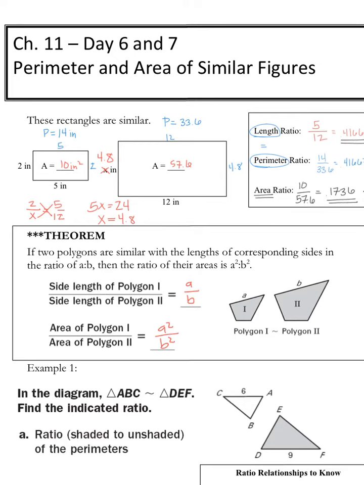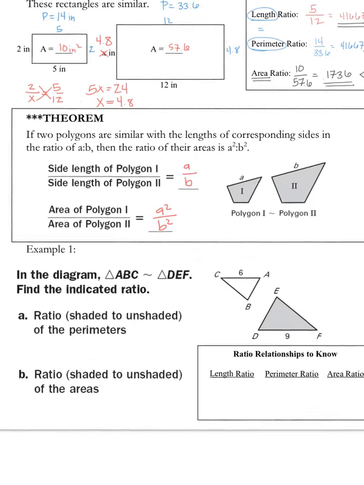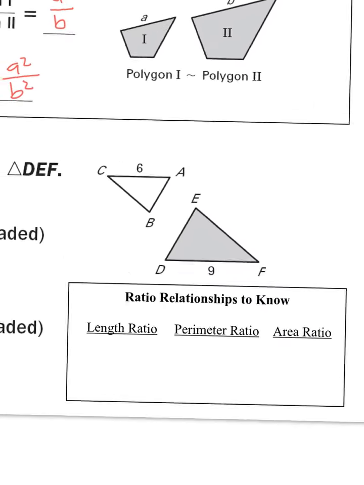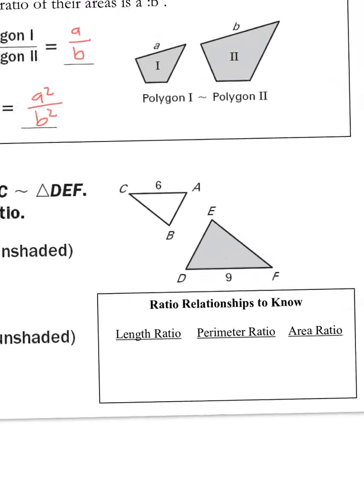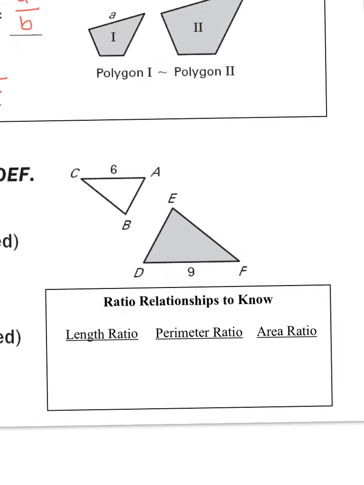Now remember, our length and perimeter are the same, and then we find our area ratio. So let's do this one right here. I'm not going to worry about A and B. I want shaded to unshaded. So if I look at shaded, my length is 9, and my other length is 6. Now, I'm not going to be picky. We can simplify that down to 3 over 2 if you want, or you can leave it as 9 over 6.